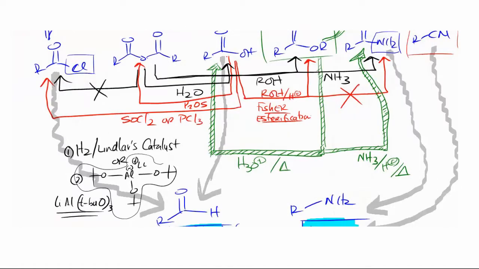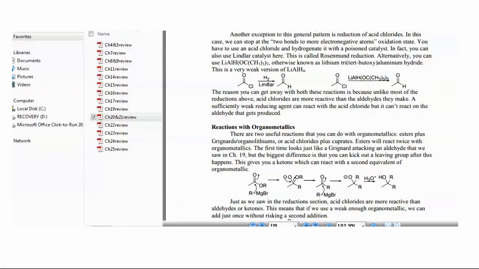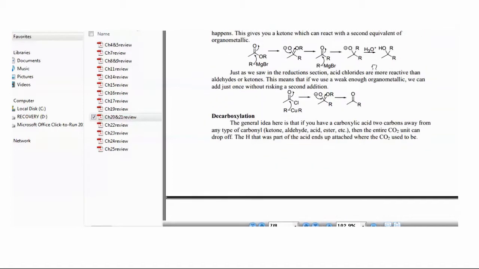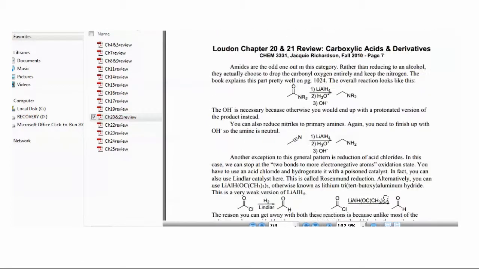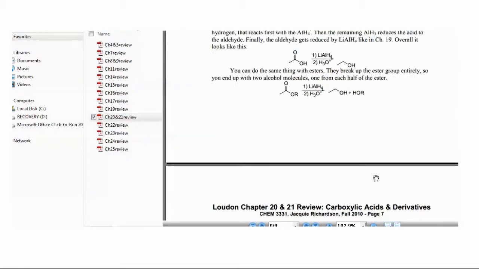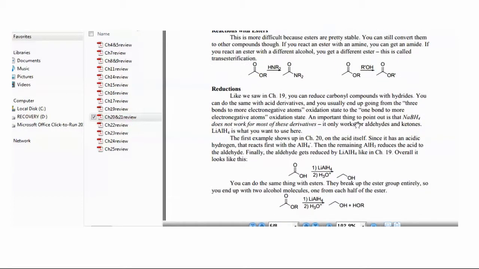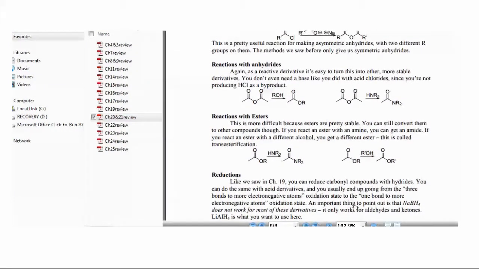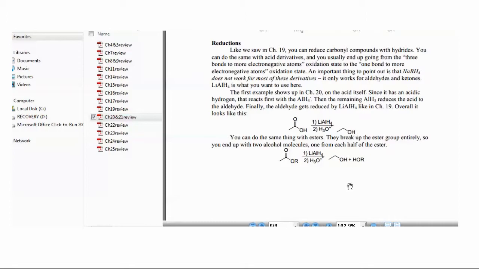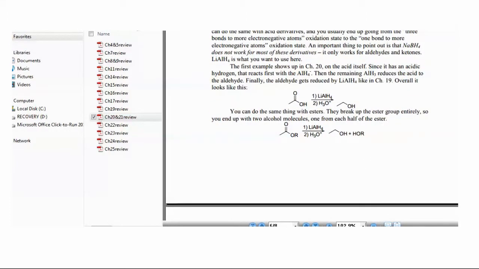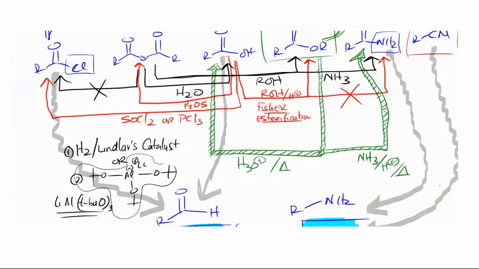Now let's see, I think there is one with the carboxylic acid. That might be wrong. Okay, there might not be one with the carboxylic acid. There isn't one with the carboxylic acid.